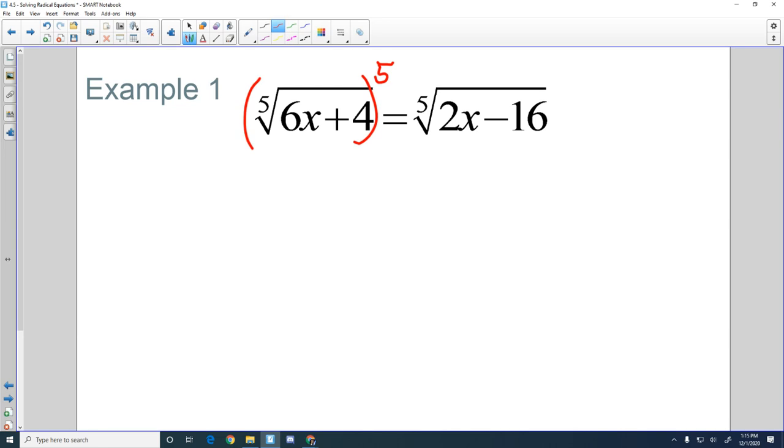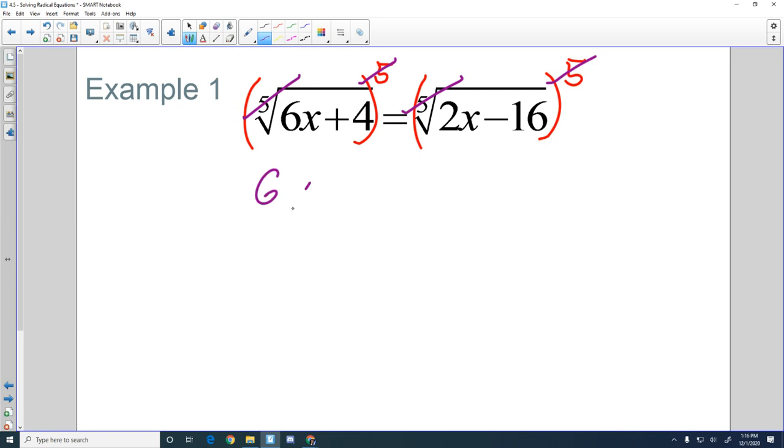But just like any equation, if I raise the left side to the fifth power, I have to raise the right side to the fifth power. That's not a big deal because there's a fifth root on the right side as well, which makes this really nice and easy. On the left side, the fifth root of something to the fifth cancels out. And on the right side, the same thing happens, the fifth root cancels out with the fifth power.